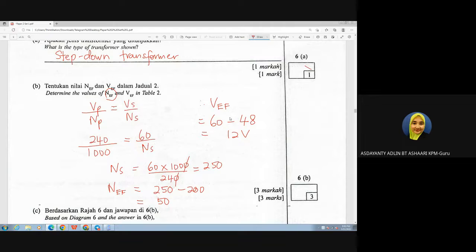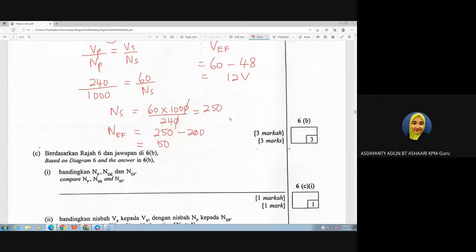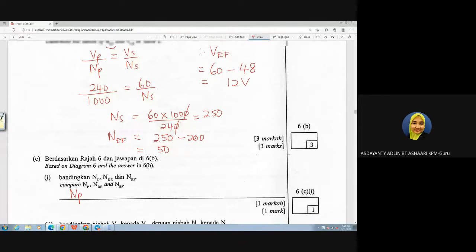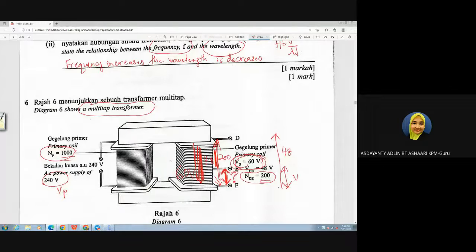Okay, can everyone? Okay, thank you. So now compare. Based on diagram 6 and the answer in 6B, compare NP, NDE and NEF. So start with the biggest one. The biggest one will be the number of primary. Number of primary is 1000. And the number of DE, from the start until the end, number of DE is 200.